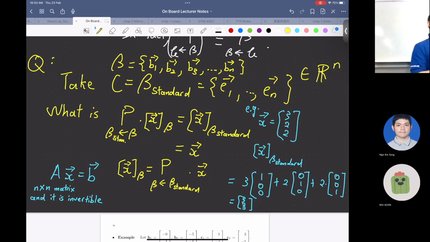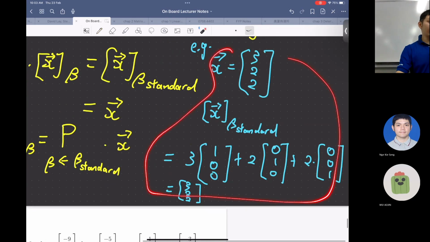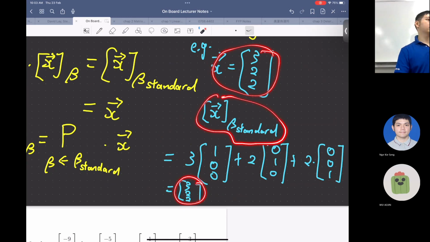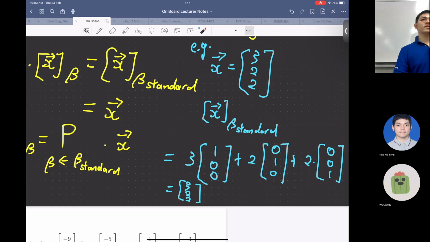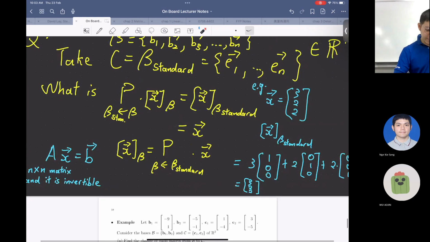The standard basis is what we understand about vector space. It is exactly how we express the vectors, when the vectors coincide with the coordinate vectors. This is a normal vector space, normal basis.